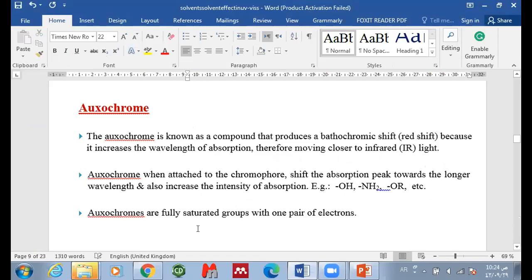Auxochromes are fully saturated groups with one or more pairs of electrons. Sorry, I skipped this. Auxochrome, when attached to the chromophore, shifts the absorption peak towards the longer wavelength.